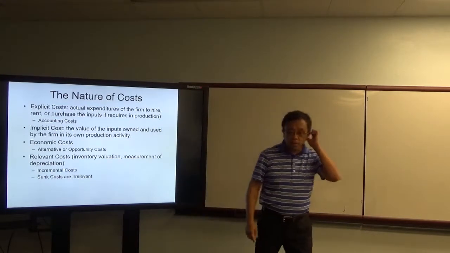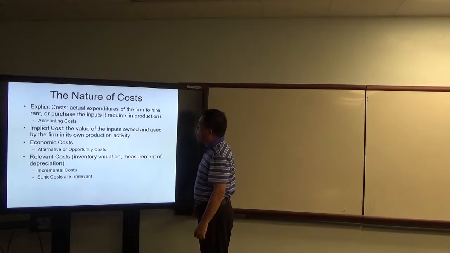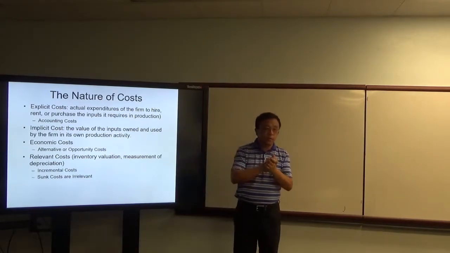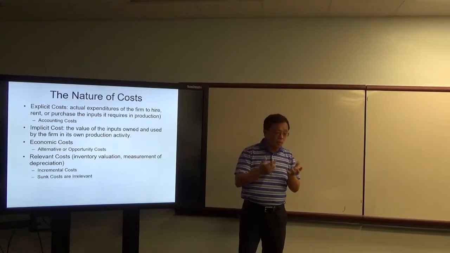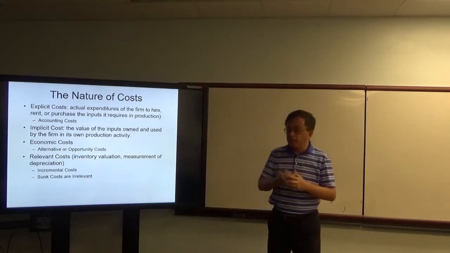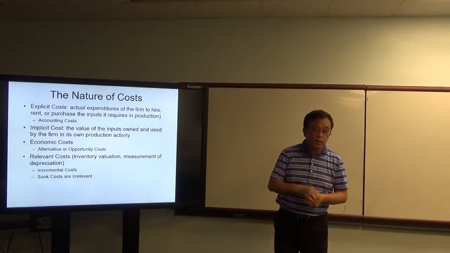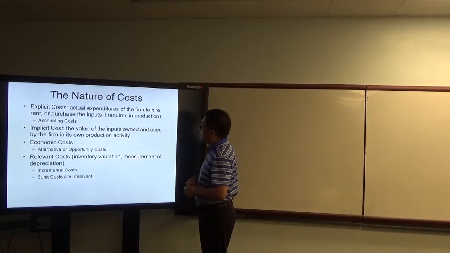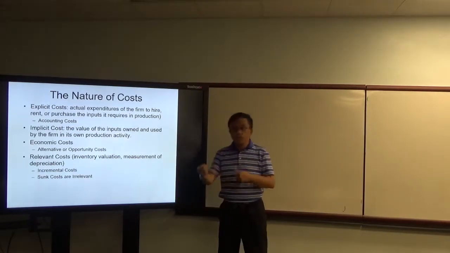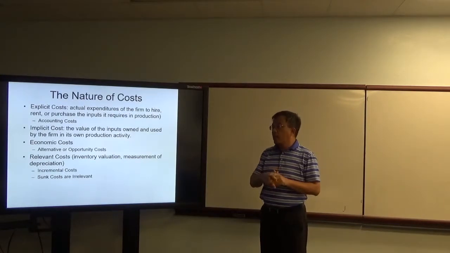The explicit costs are related to cash outflow. So it involves money outlay. Like if you have paid salaries, you have to write a check, right? When you pay utilities, you basically have to pay by check or cash, right?